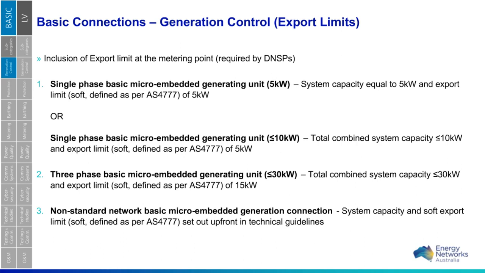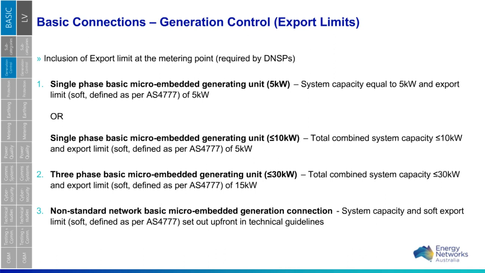Just looking into the export limits a little bit further, we've defined what the export limits are per subcategory that we talked about in the previous slide. For the single phase IES, 5 kilowatts, we're able to export 5 kilowatts, and that's a soft export limit as per 4777's definition. And if you have a single phase IES or IES with ESS, it's an export limit of 5 kilowatts.